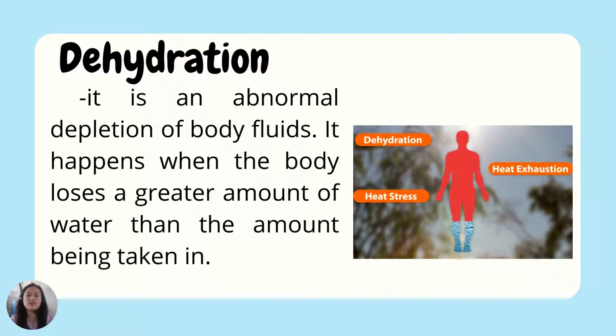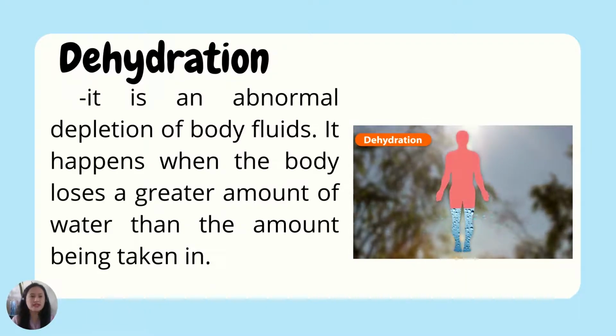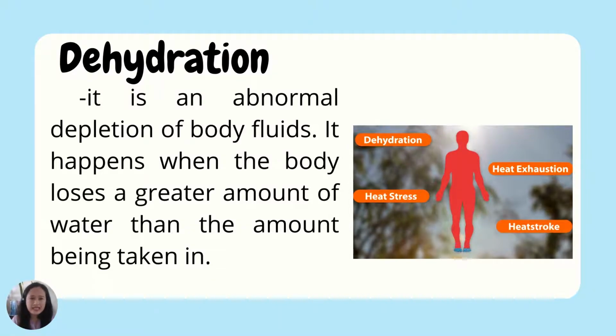It happens when the body loses a greater amount of water than the amount being taken in. Our body is composed of 60% water, and our body can lose water through breathing, sweating, or even urinating. So if you do not take enough fluids, then you'll become dehydrated.